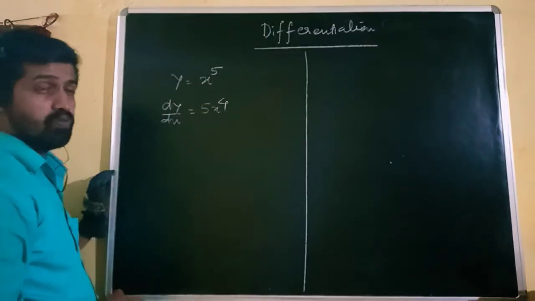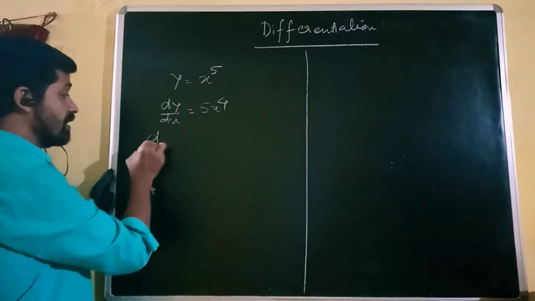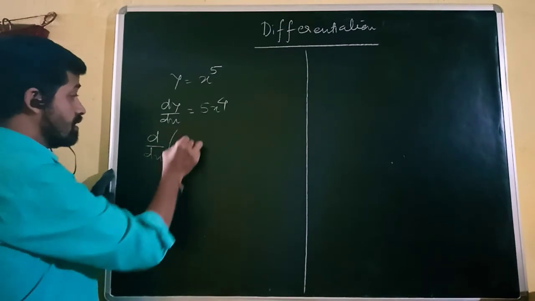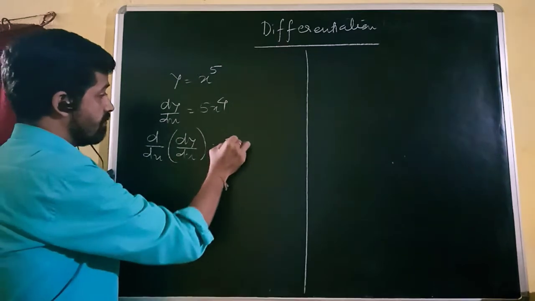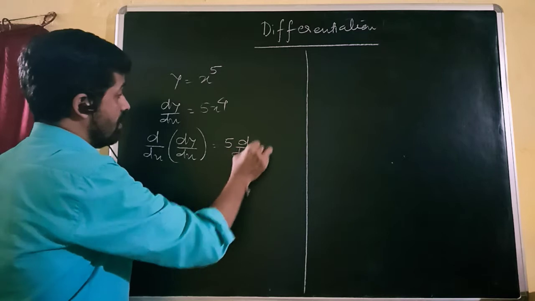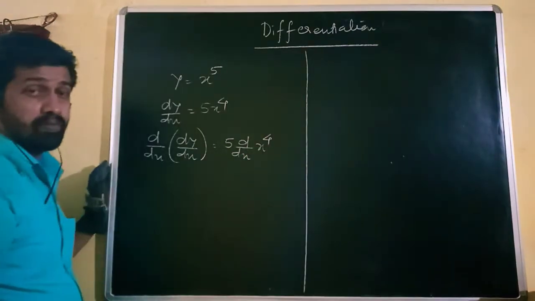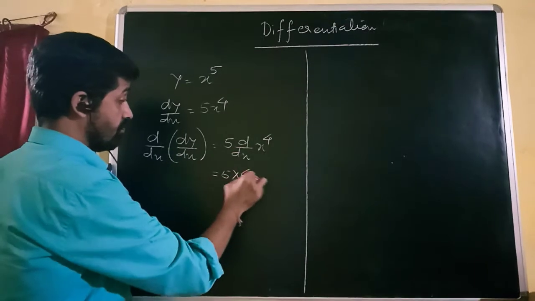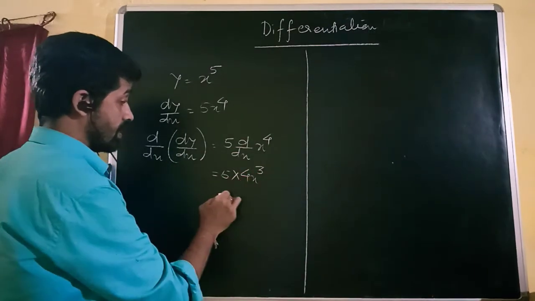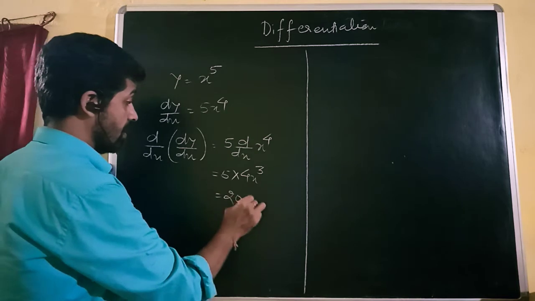Now if I differentiate this derivative again, I get 5 times d by dx of x to the power of 4, which when differentiated gives 4x cube, that is 20x cube.